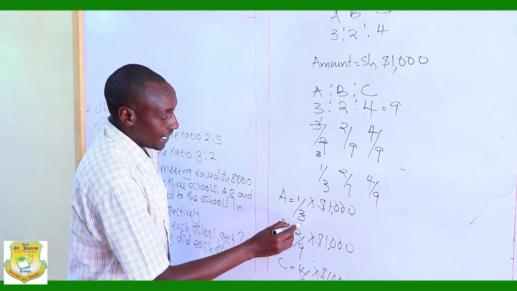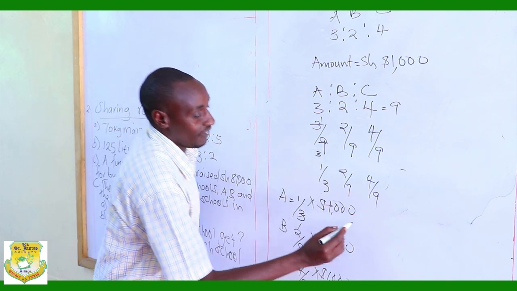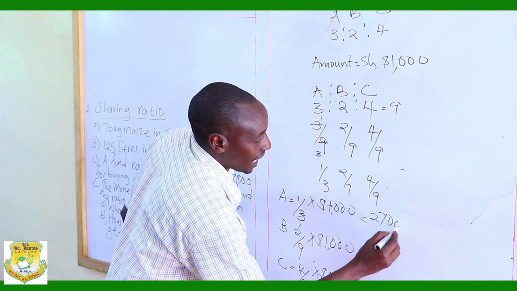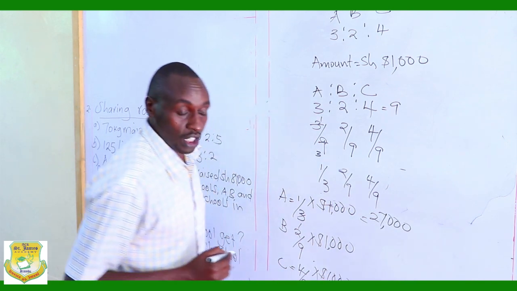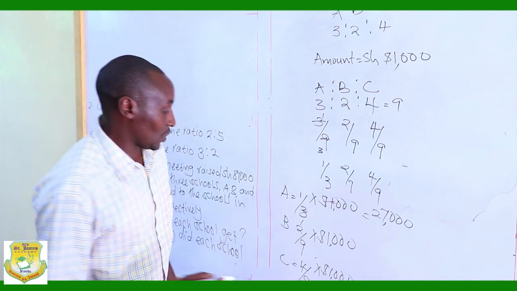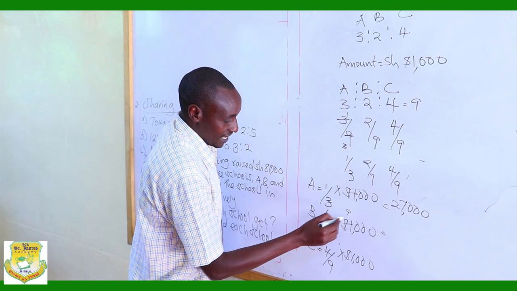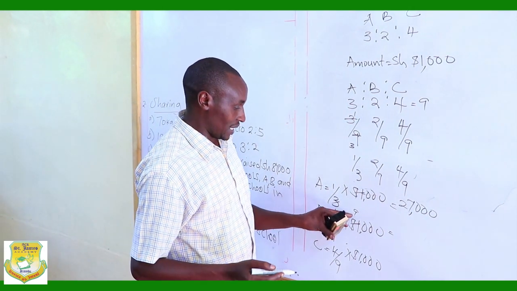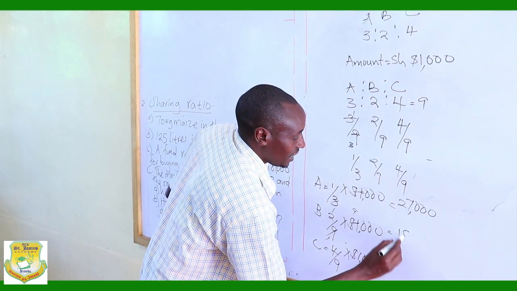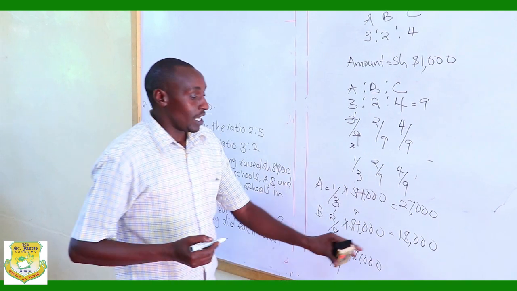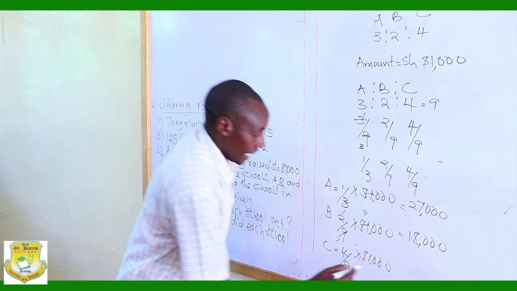From there we can simplify. By 3, I get 1, by 3, I get 27. So A got 27,000. B, by 9, 1, by 9, 9. I multiply 2 times 9, I get 18. School B got 18,000.